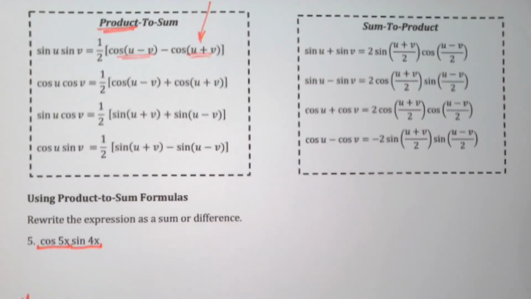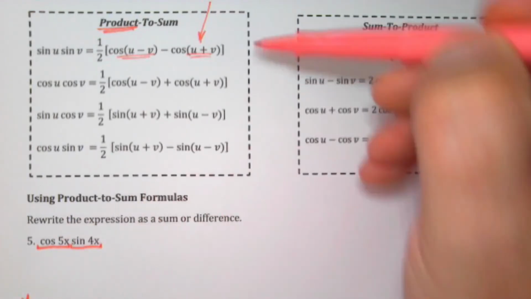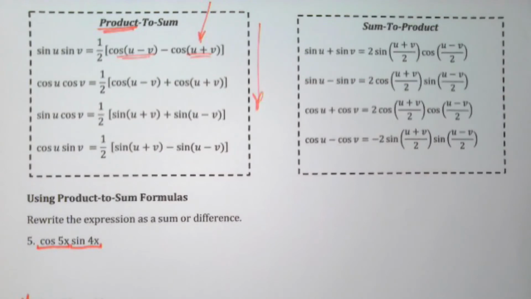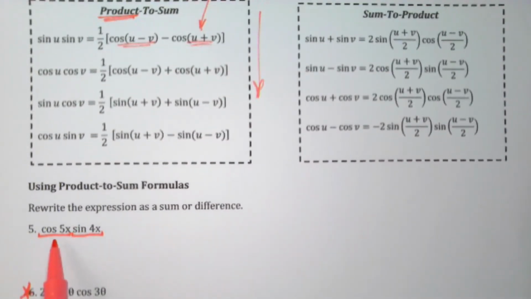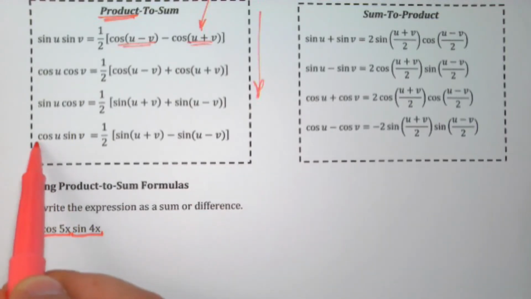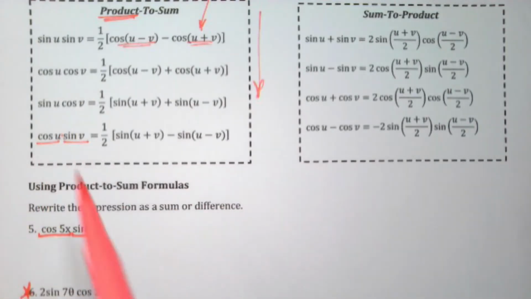Well, right off the bat, looking at number 5 and 6, we're looking at product to sum. So we're already letting you know we're working on this first group of formulas. And for number 5, I'm looking at this product, and the form will matter. I'm looking at this product of a cosine times a sine. Well, here's a cosine times a sine.